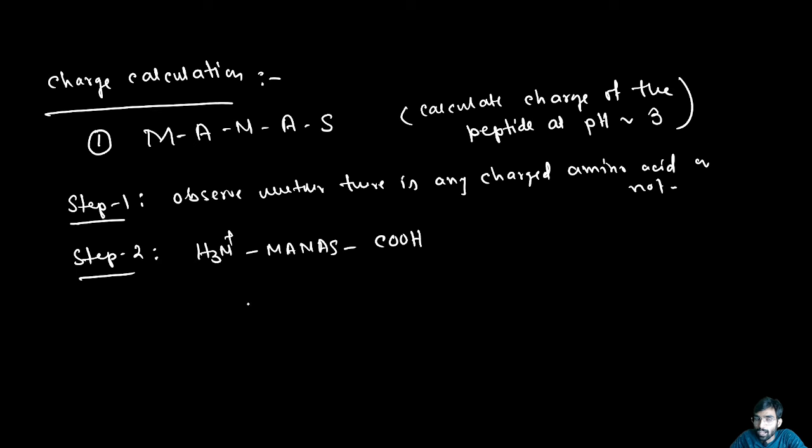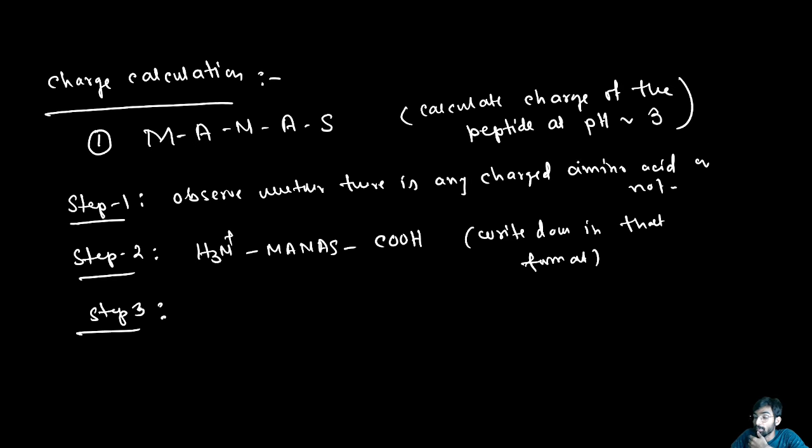Okay. Now you are told just write down in that format, then step 3, what you have to do, you have to see the pH 3 and you can remember that the carboxyl group that is attached to the alpha carbon, so alpha carbon of serine.